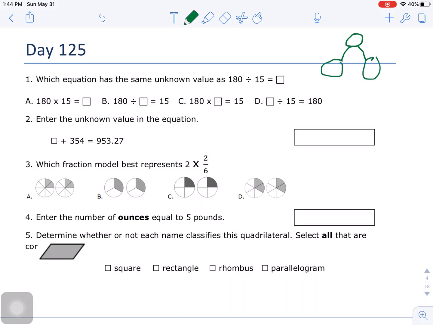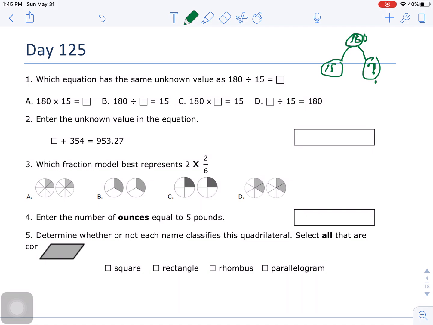If this was 180 and I divide it by 15, 180 is made up of 15 and another factor, right? So I'm just going to put a little question mark there. In algebra, we'll use a letter, but that is a question mark. It's kind of hard to show it there. So what I know is that 180 divided by 15 is question mark.